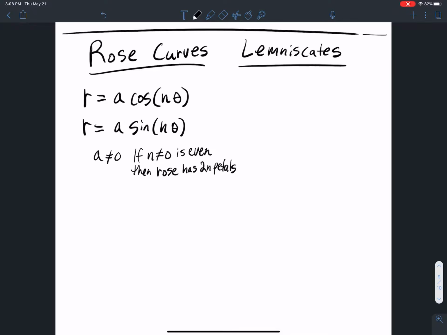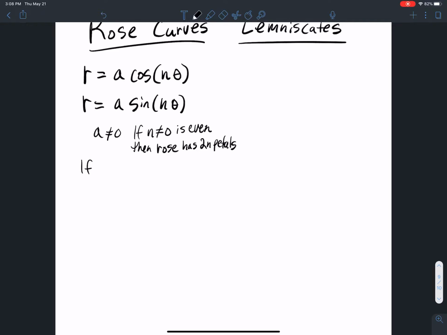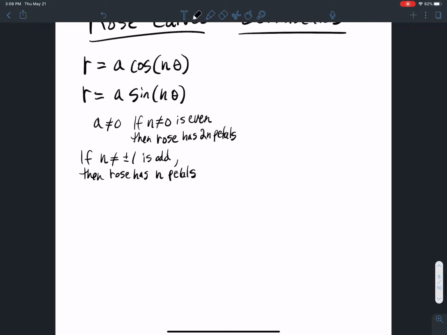If n is not equal to plus or minus 1, is odd, then the rose has n petals, right?